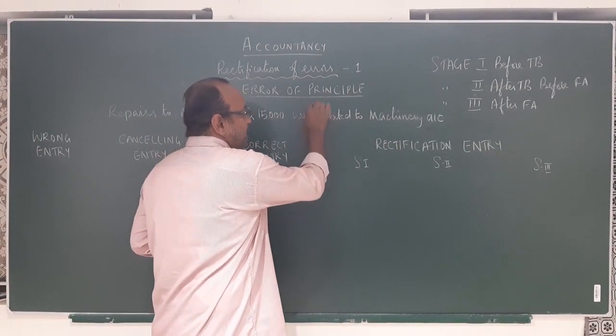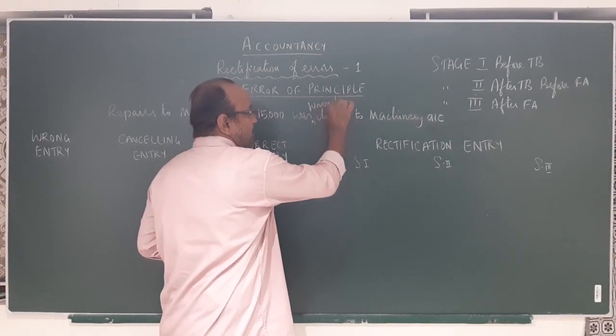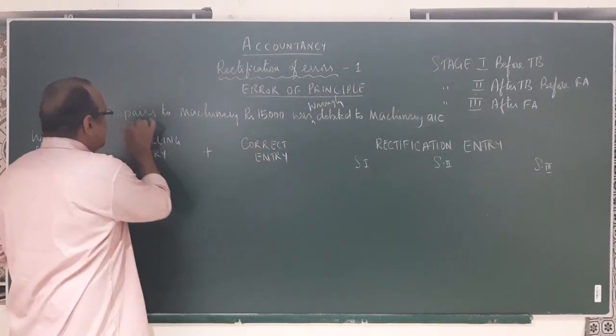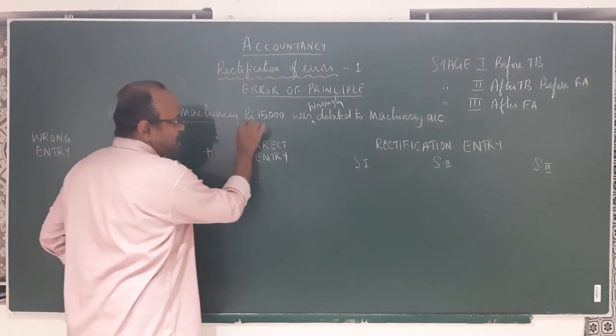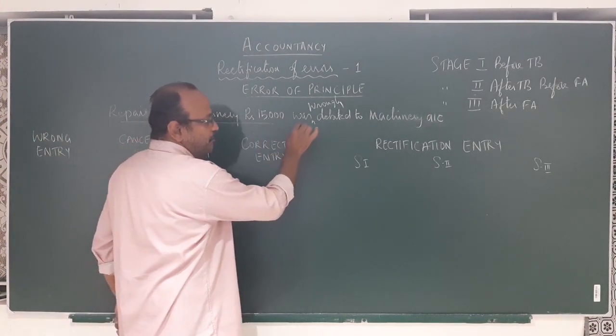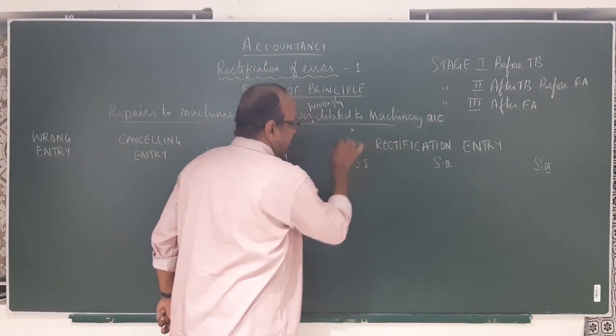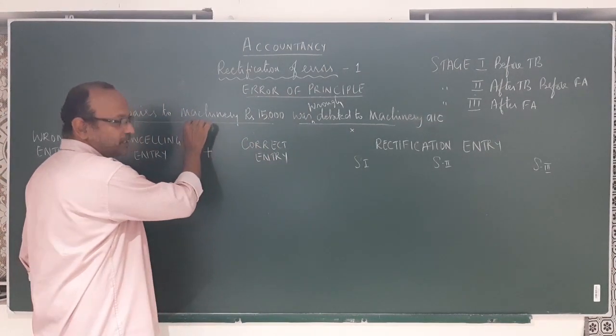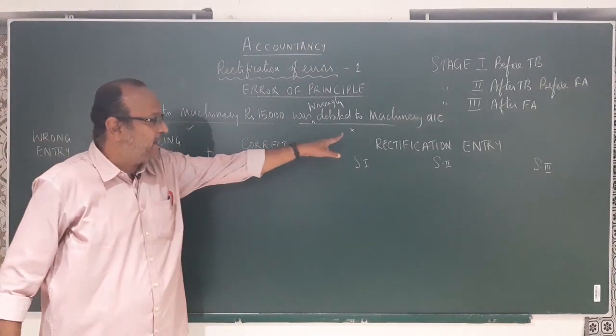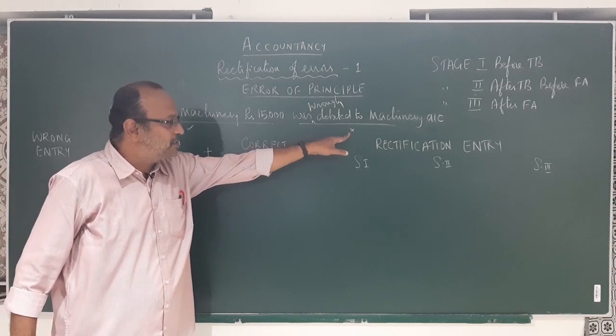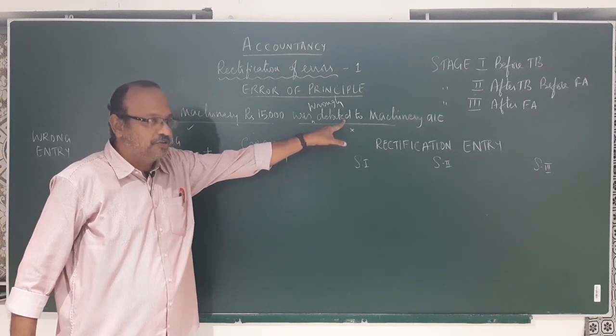Now here you can add wrongly. That means, this is the correct part of the transaction and this is the error which we have committed. So first write whatever is the wrong journal entry we have passed. Machinery account is debited.